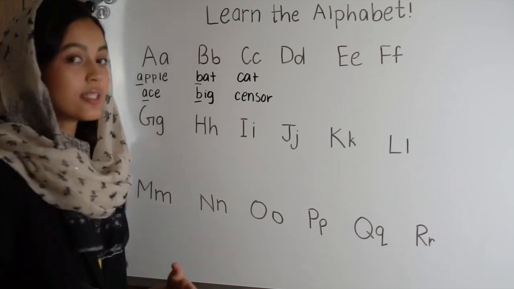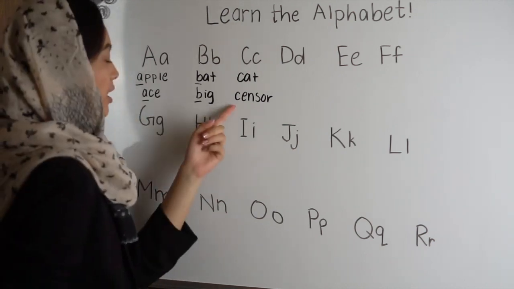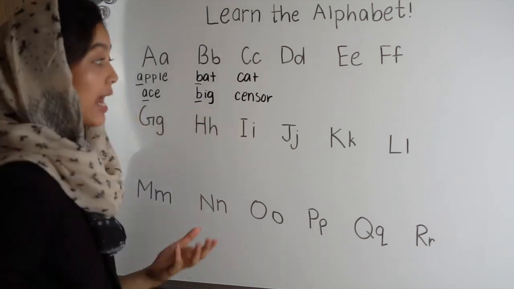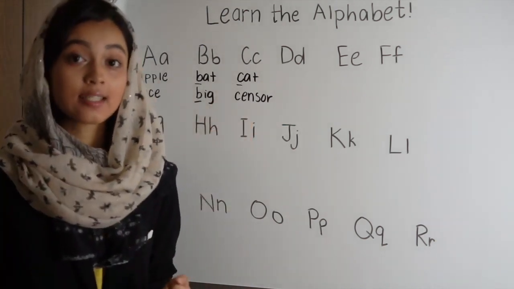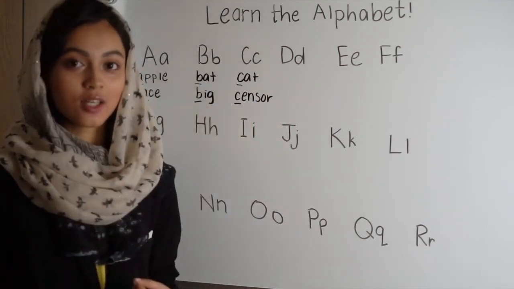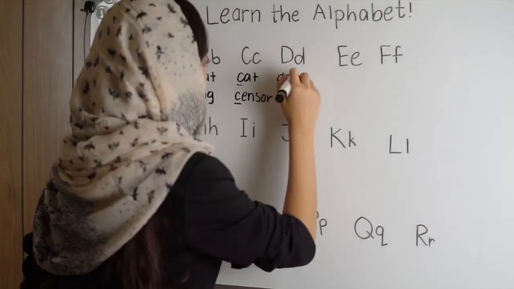In certain cases, it's k, like a K. In other cases, it's a s, like an S. So here we have cat, like a K. And then we have sensor, s, like an S.